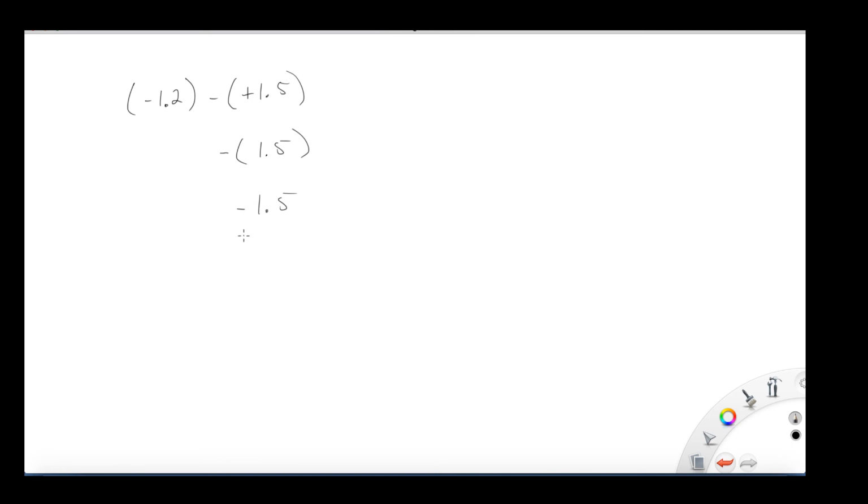It's just a -1.5. So let's add both of these together. Okay, 1.2 and a 1.5, and we get 2.7. But because this negative and this negative, we know that it's going to be negative, so our answer is -2.7, and there's our answer.